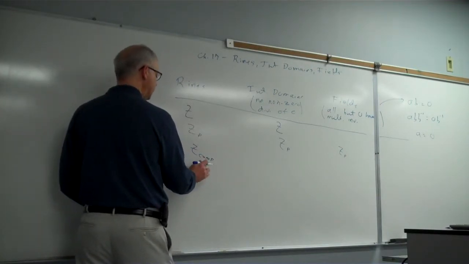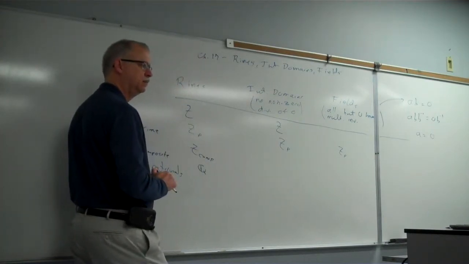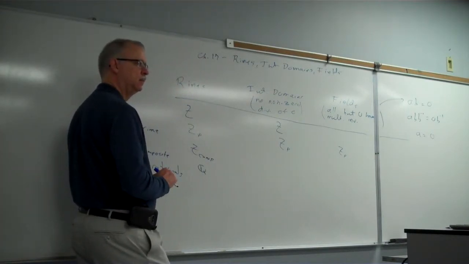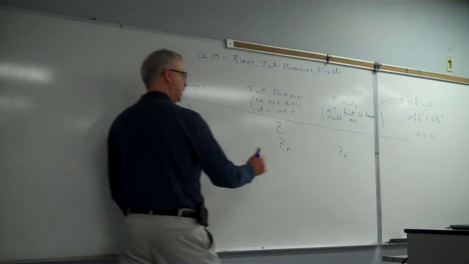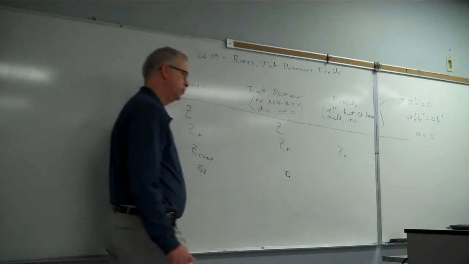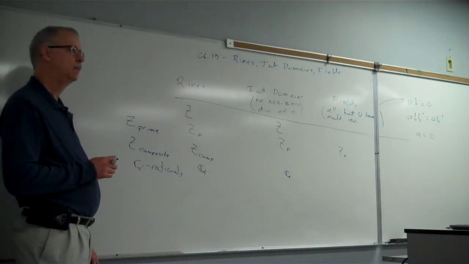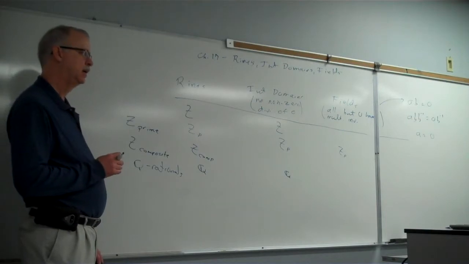Are there any kind of divisors of 0 other than 0 itself? There's not. What about inverses? Does everything have a multiplicative inverse?